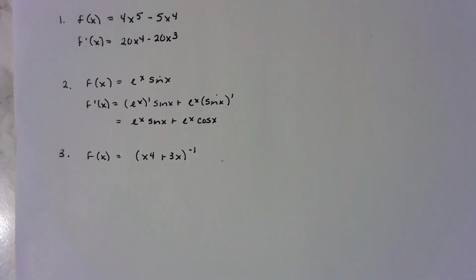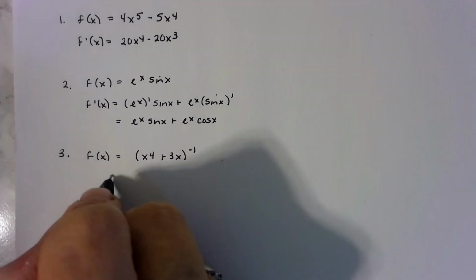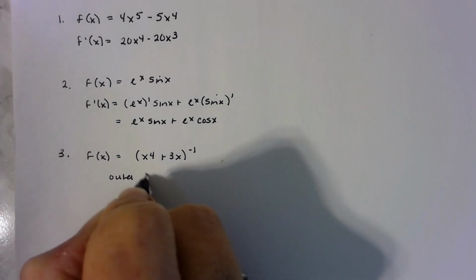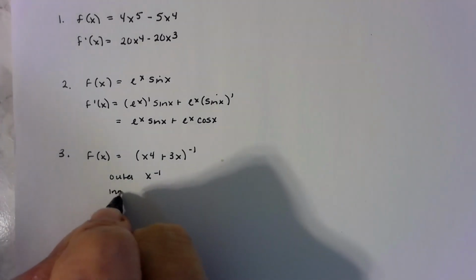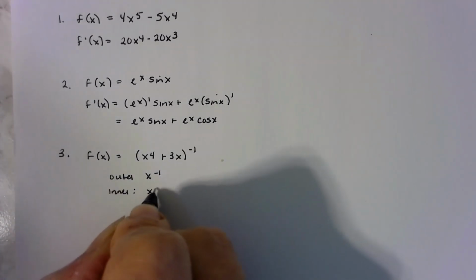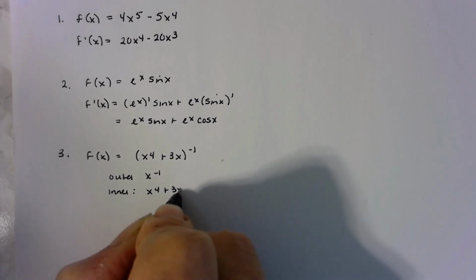Okay, so what this tells me is that I've got stuff inside parentheses raised to a power. I need chain rule. So the outer function is x to the negative 1. The inner function is the stuff inside, x to the 4th plus 3x.